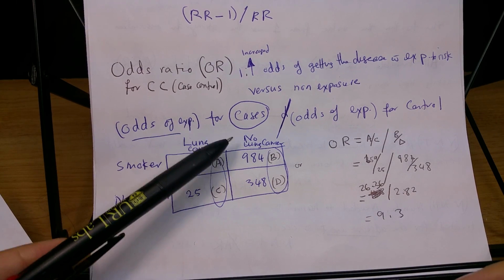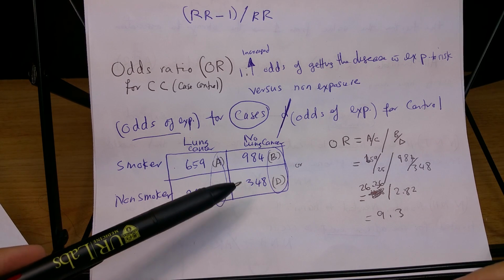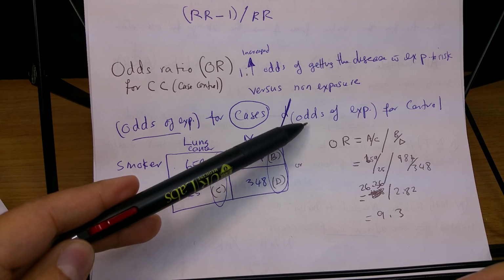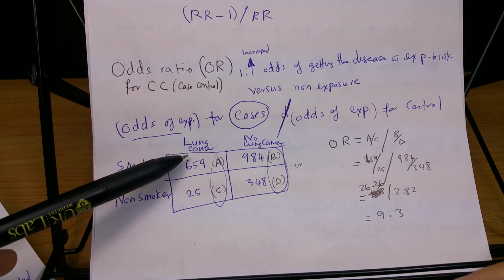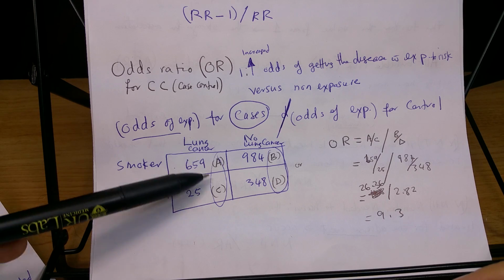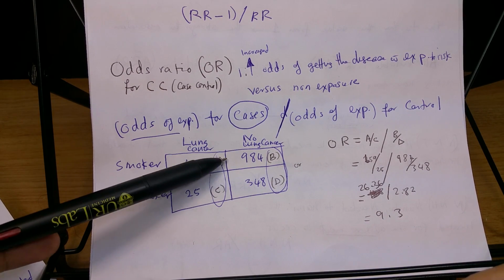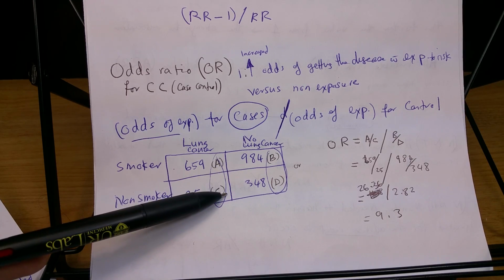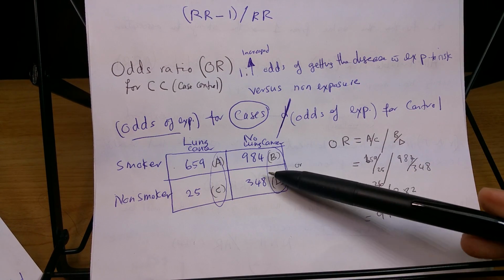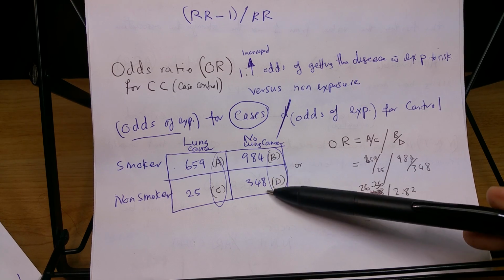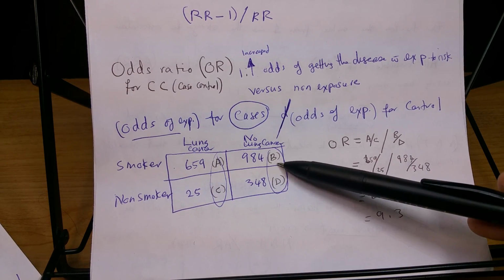So it's the odds in cases divided by the odds of exposure for controls. We divide the exposed and non-exposed in the cases, A divided by C, by the non-cases or controls, B divided by D.